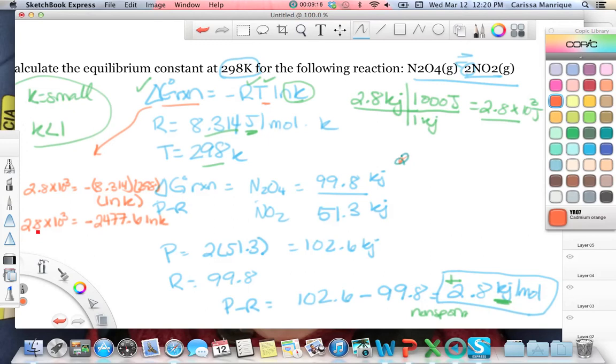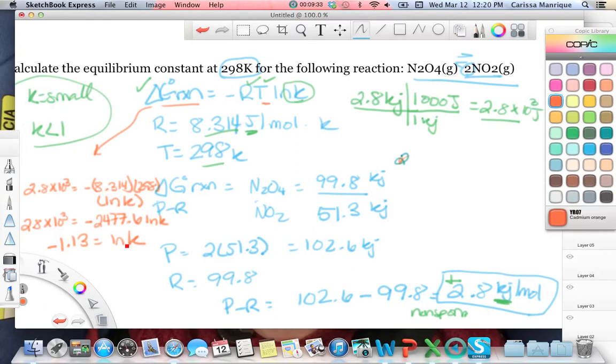So 2.8 times 10 to the third divided by 2,477.6. That might be a negative. So I'm going to get negative 1.13 equals natural log of K.